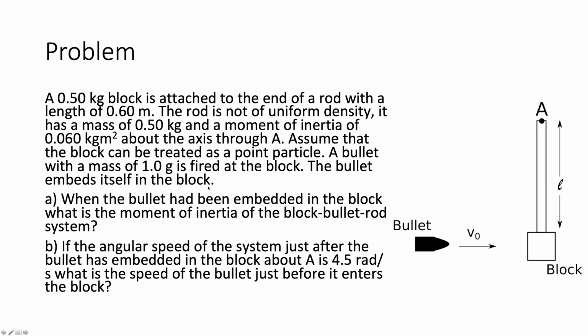The bullet embeds itself in the block. When the bullet has embedded in the block, what is the moment of inertia of the block bullet rod system? And part B, if the angular speed of the system just after the bullet had embedded in the block about A is 4.5 radians per second, what is the speed of the bullet just before it enters the block?